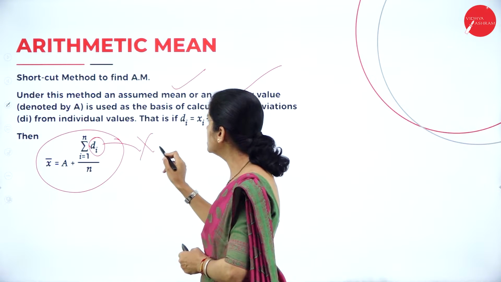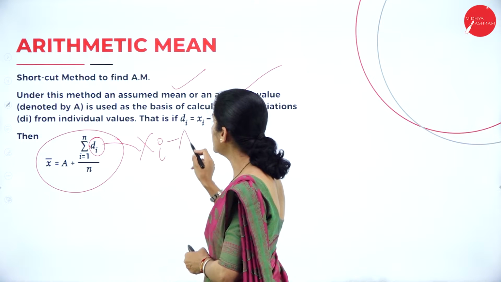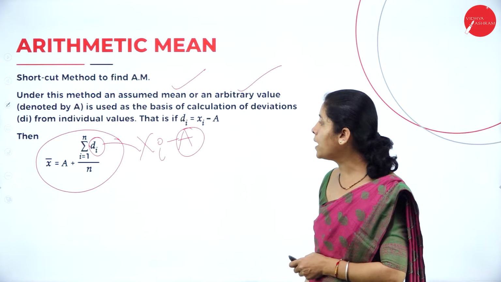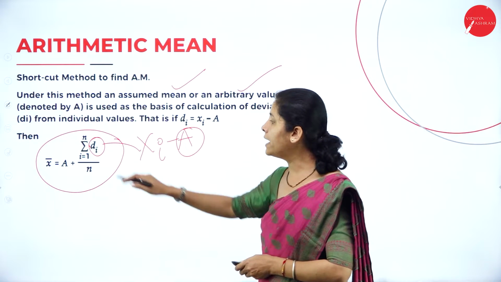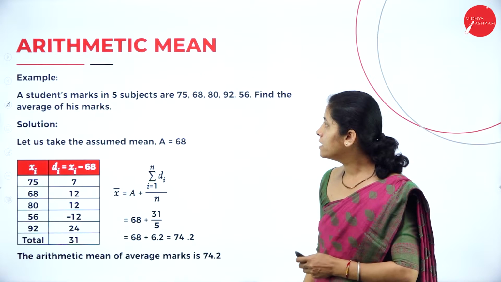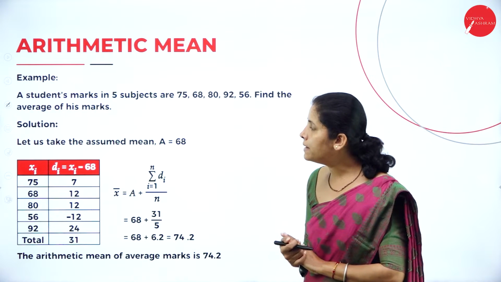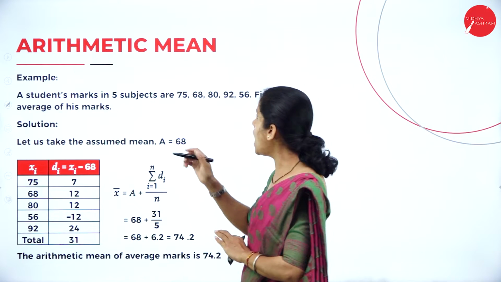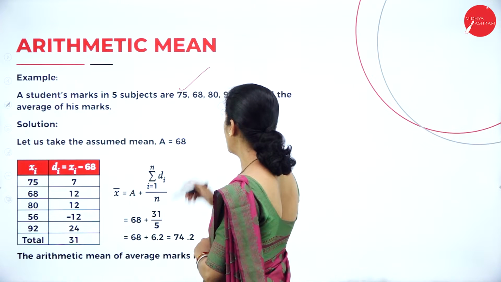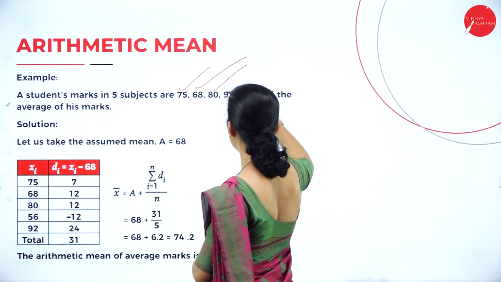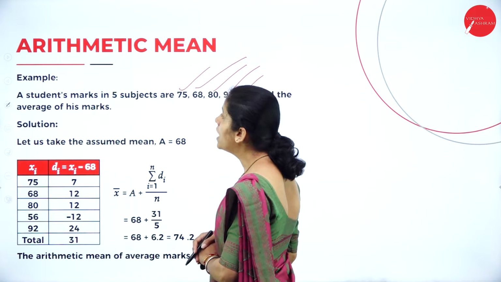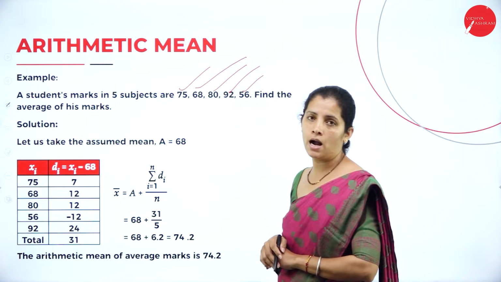Here di is xi minus A, where A is the assumed mean or arbitrary value. Now I have an example. A student's marks in subjects are 75, 68, 80, 92 and 56. Now I want to find the average of his marks.